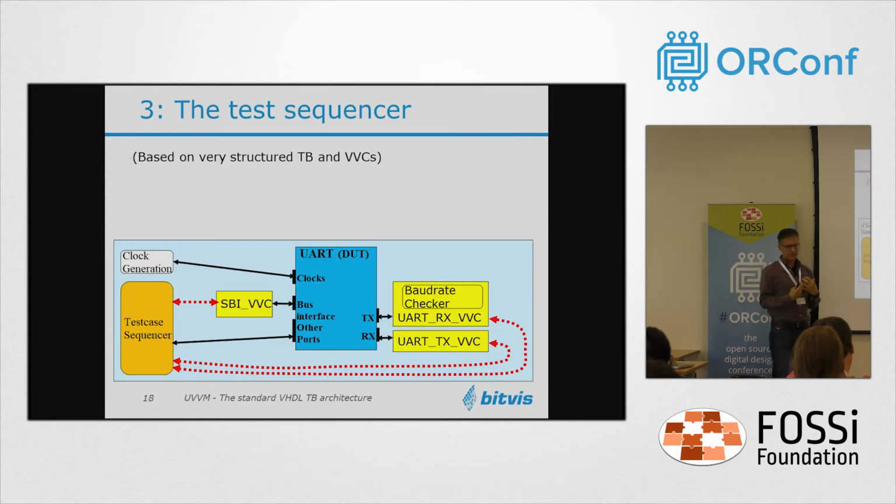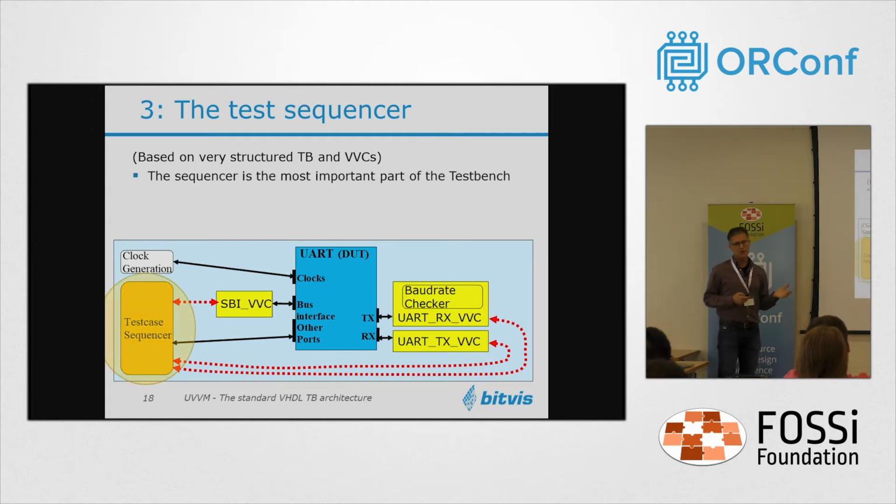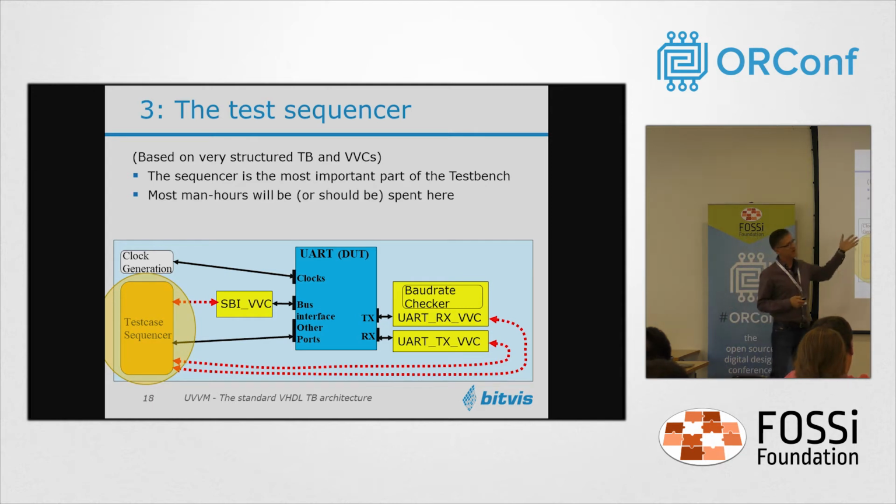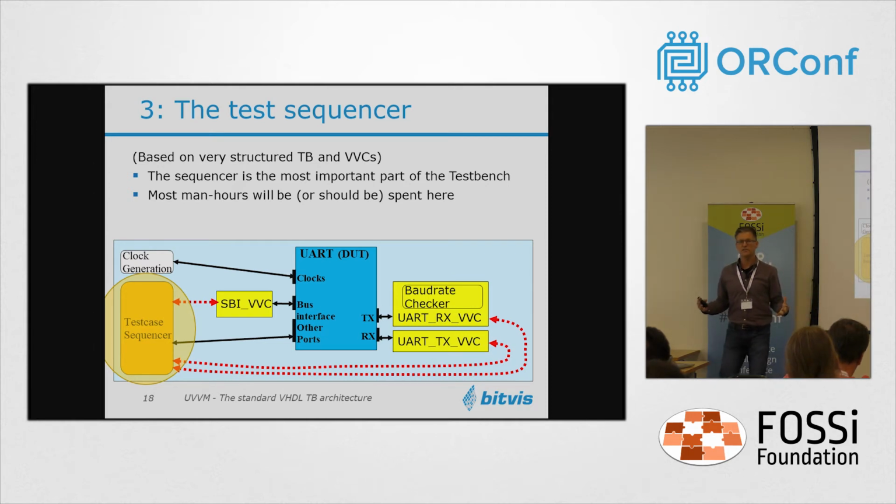Okay, so next level is the test sequencer. That's the most important part of the test bench because this is where you spend most man hours. It's easy to build the test harness, dead easy, once you have the verification components. And verification components you build for reuse.